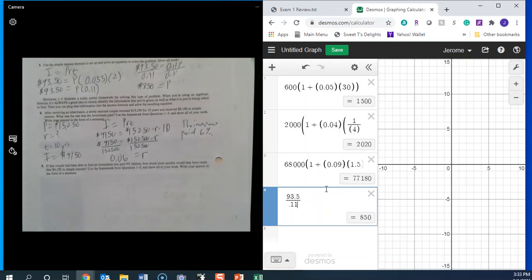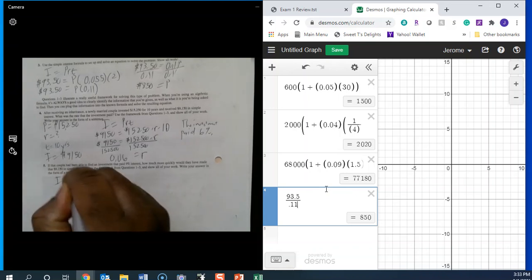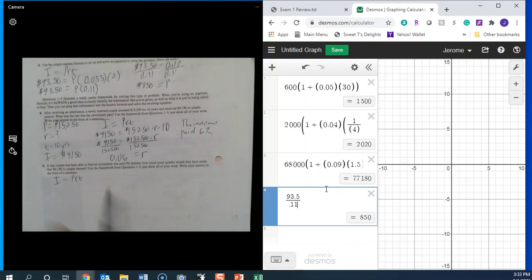Okay. Number 5. If that couple had been able to find an investment that paid 9% interest, how much more quickly would they have made that $9,150 in simple interest? Use the framework from questions 1 through 3 and show all your work. So we can do the same formula. Interest is equal to principal times rate times time.